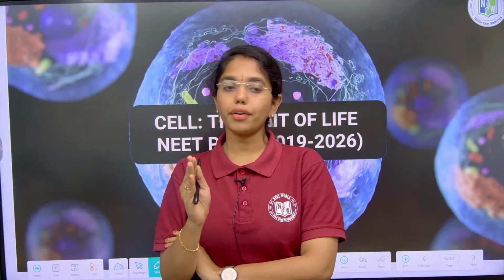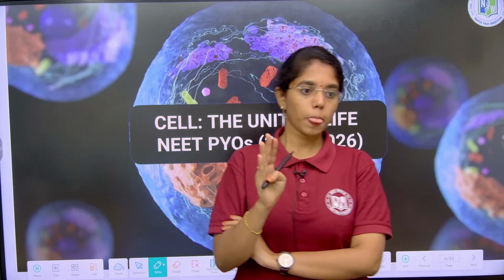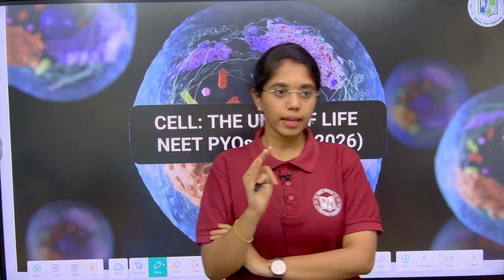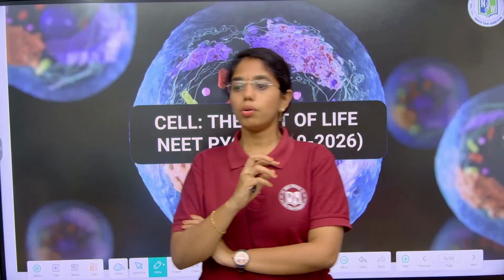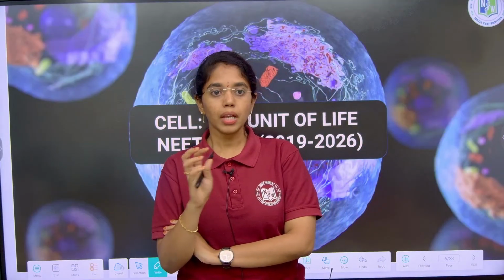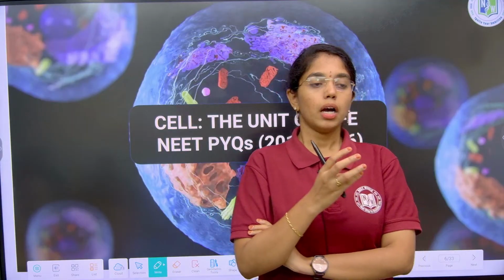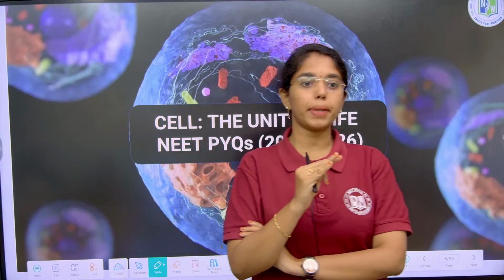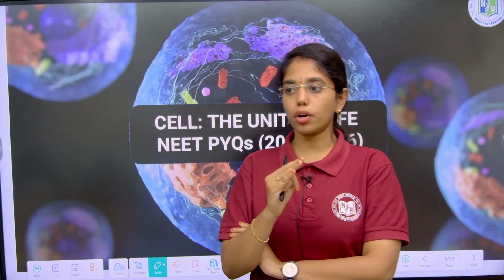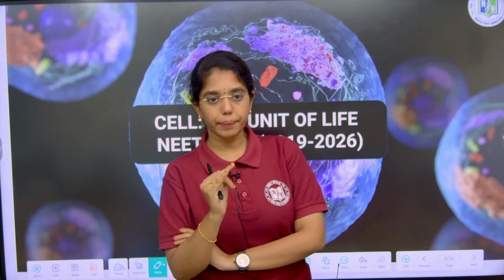Matrix of mitochondria will contain what components? 70S ribosomes, double stranded circular DNA, RNA molecules and proteins, right. So, recalled about mitochondria, and let us recall the sites of aerobic respiration once. Oxidative decarboxylation and TCA cycle will happen in matrix of mitochondria. ETS will happen in inner mitochondrial membrane, right.